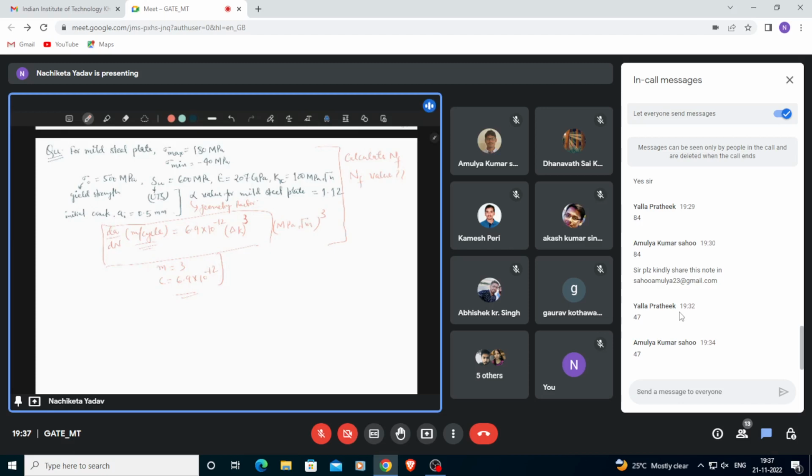Here the initial crack length AI is given as 0.5 mm. It is easier than the previous question.